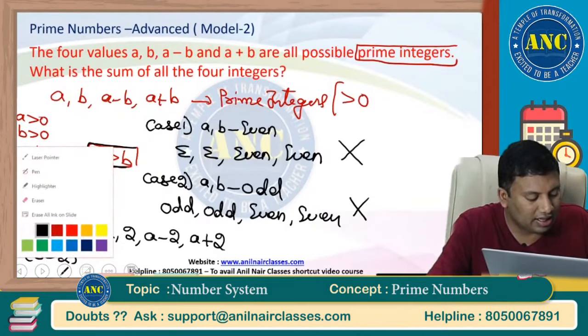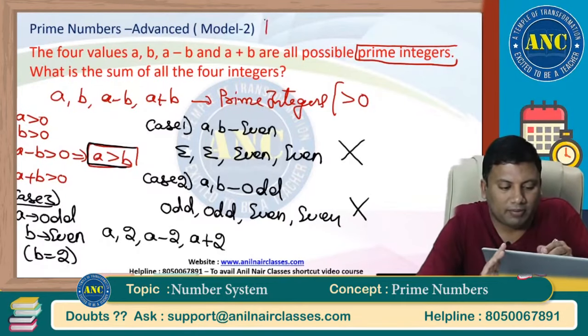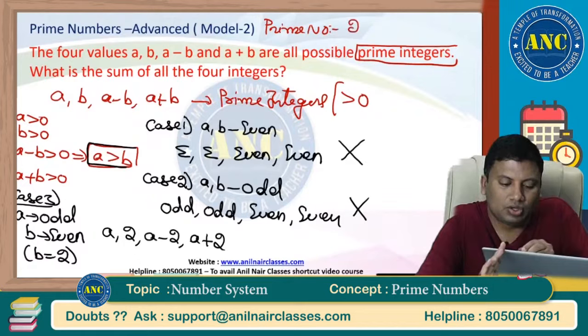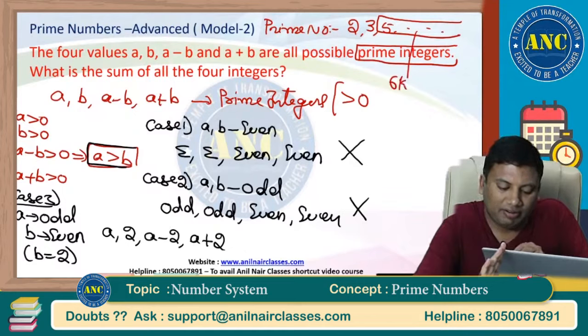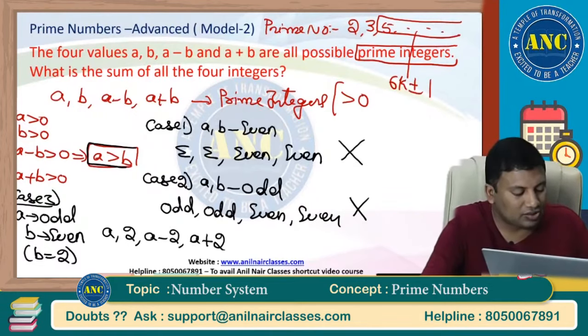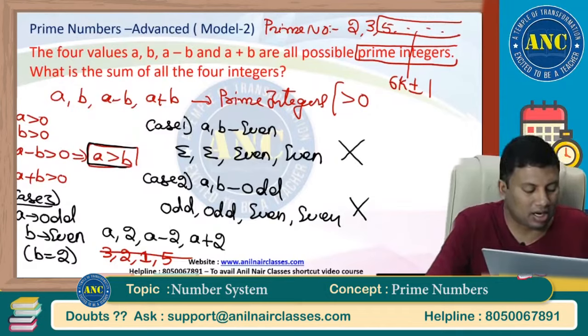A is greater than B. The prime number series will be 2, 3, 5 and so on. Any prime number greater than 3 is of the form 6k plus or minus 1. So let me take 3, 2, 3 minus 2, 3 plus 2. 1 is neither prime nor composite.